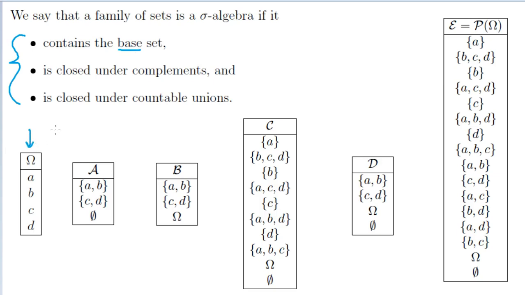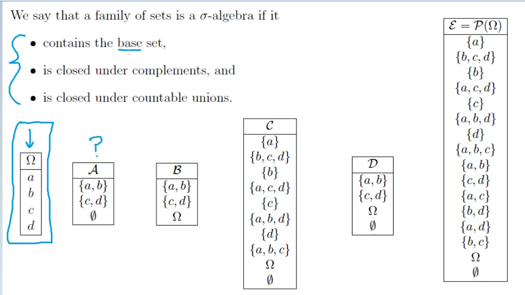It's closed under complements, and it's closed under countable unions. So if this is our base set, and we'll take that as an example, let's see if any of these here are sigma algebras. That is, if we could use them as the second member of that pair to qualify as a measurable space. Okay, is this here a sigma algebra?